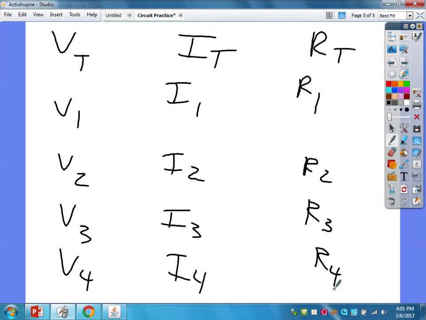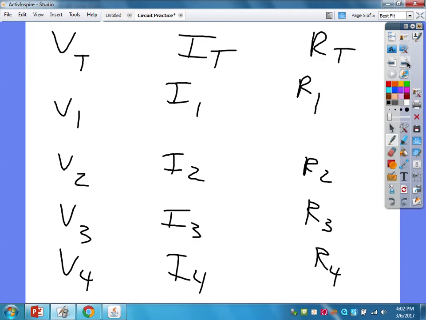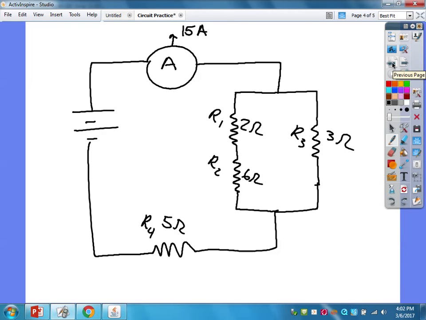The resistances are given to us: 2, 6, 3, and 5. Okay, we're given those, but then we're also given this thing up here, this circle with an A.